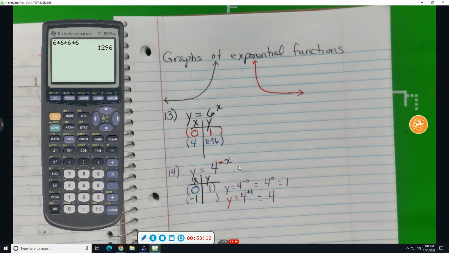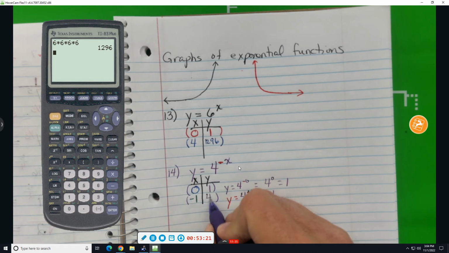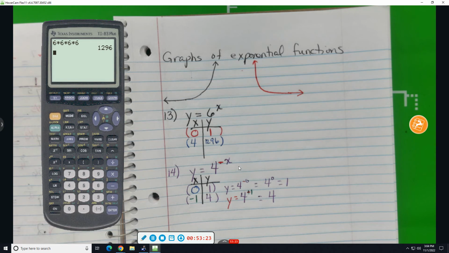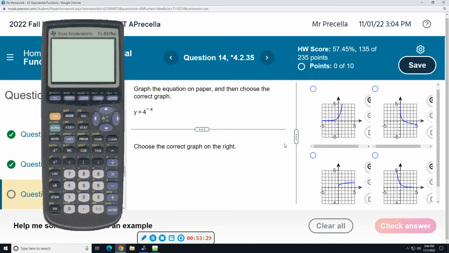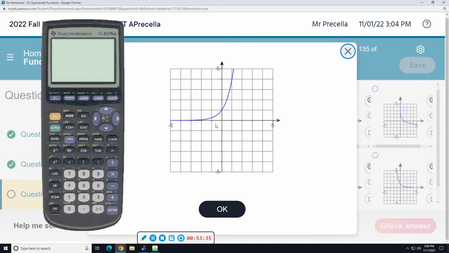I think that's enough for you to figure out which graph it is. Which one's passing through (0, 1), and through left 1, up 4? Okay, so (0, 1), that's this one here, that point. Then left 1, up 4.